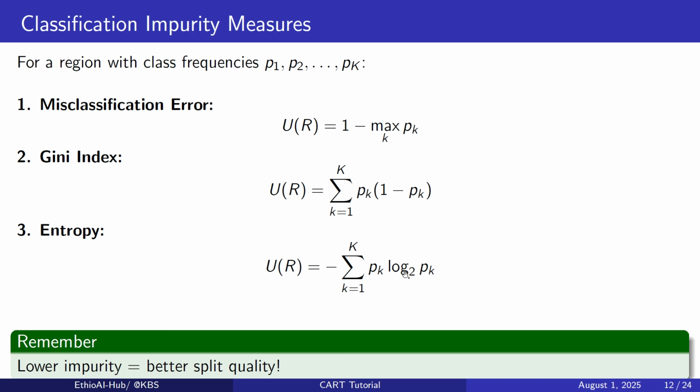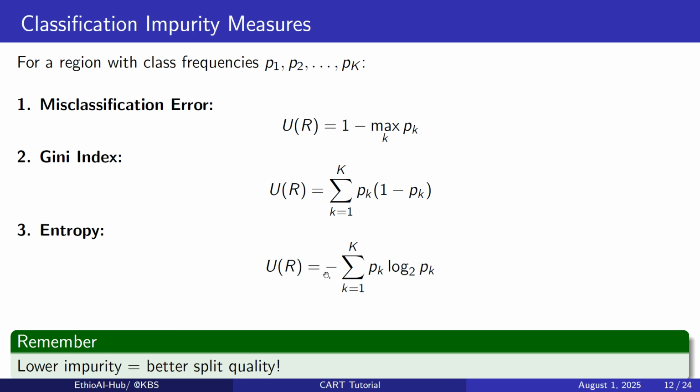Entropy is the most widely used impurity measure, and what makes it different is it has a minus in front, minus the sum of pk times log of pk.